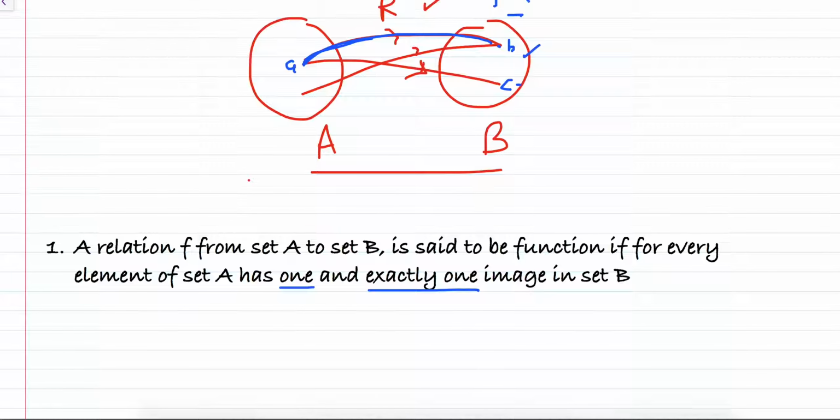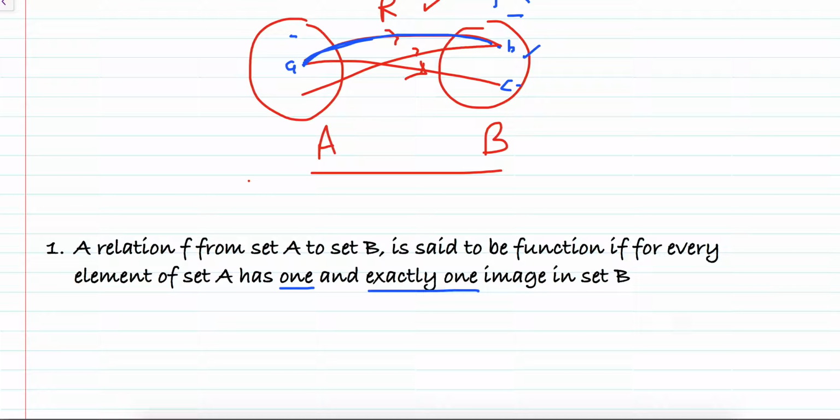Even if some element here has, so here this has two images, but this has one image, but some elements are left out, like it does not have any image here. So it has basically zero images in this set. This has one image. Suppose this is A prime.